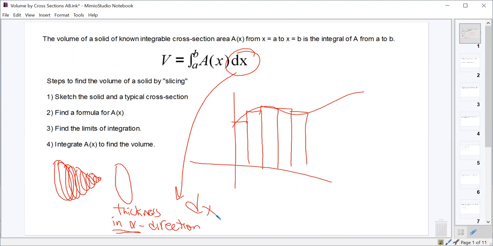Like this is not something that you know the area of or anything, right? It's supposed to be a parabola because we have 3D printers here at the school. This is supposed to be a parabola. That's the base of this solid. So it sits on the parabola, right? Sitting on the parabola. What is the cross section? It's a triangle. Everybody at home see that the cross section is a triangle?